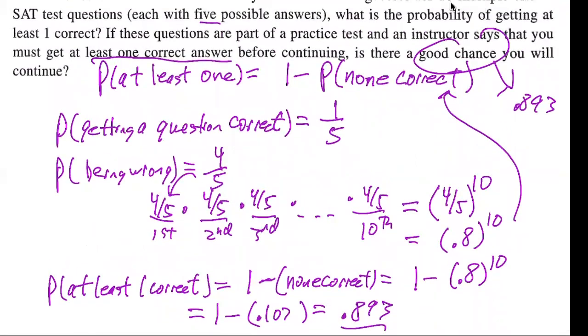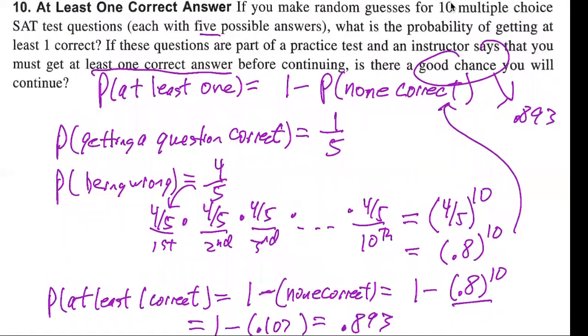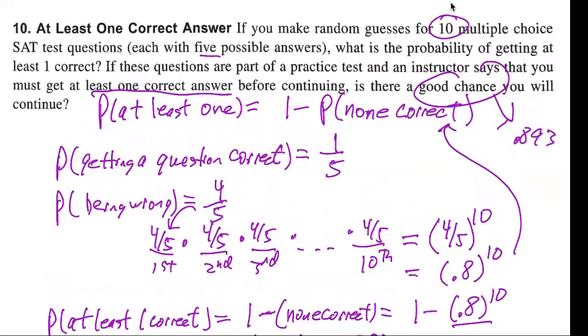You end up multiplying, so you use the exponent button quite a bit. Notice where that 10 came from? You guessed on 10 multiple choice questions. Let's do this quickly. Let's just change a number. This is all the same.